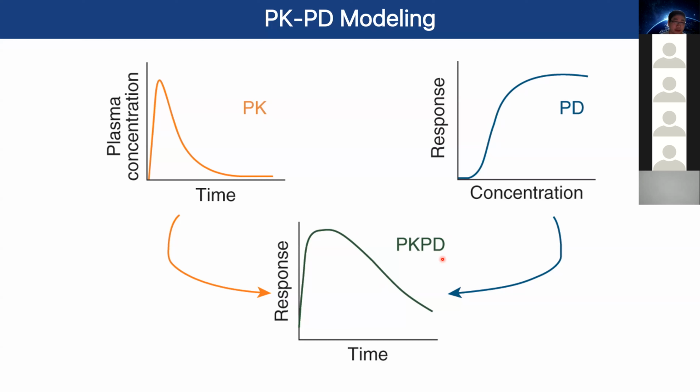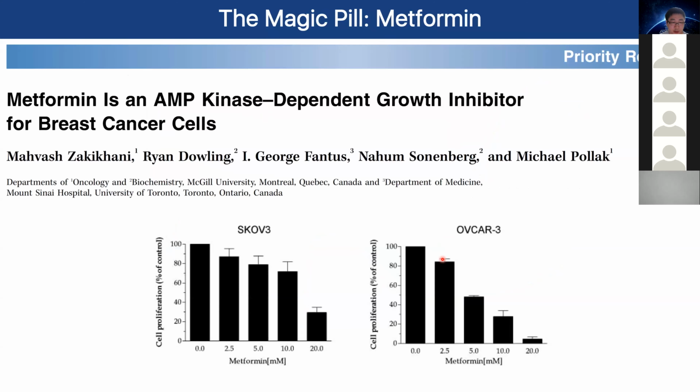So it seems pretty obvious to many of you, but sometimes if you see the literature, this is the thing you may always see: the so-called magic pill, metformin, right? You can see it's an anti-cancer drug, anti-aging, anti-everything.